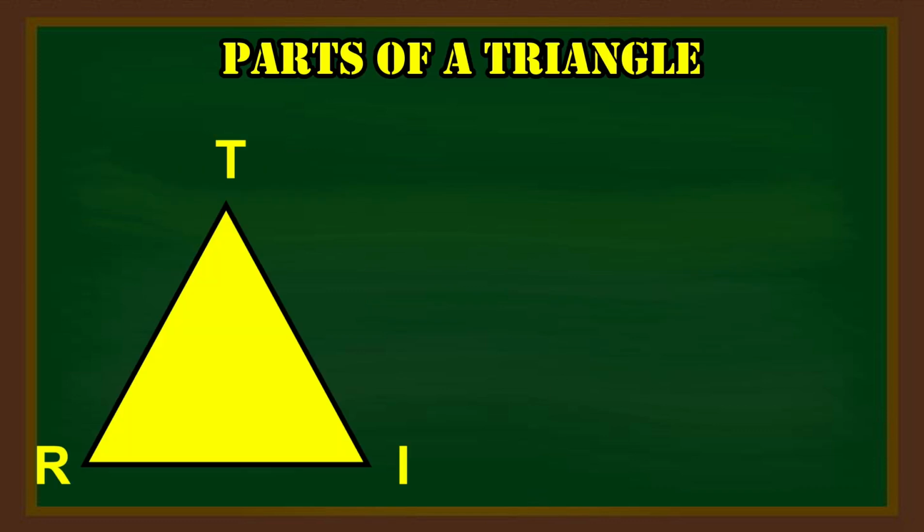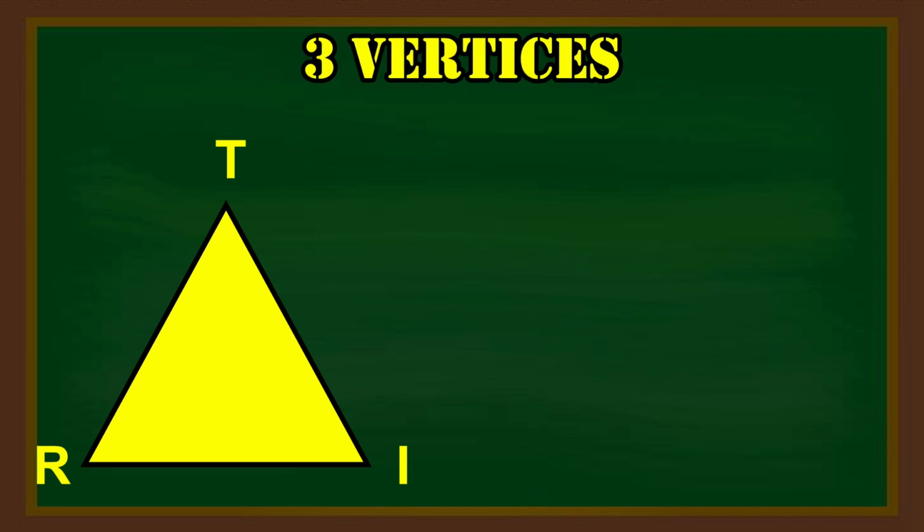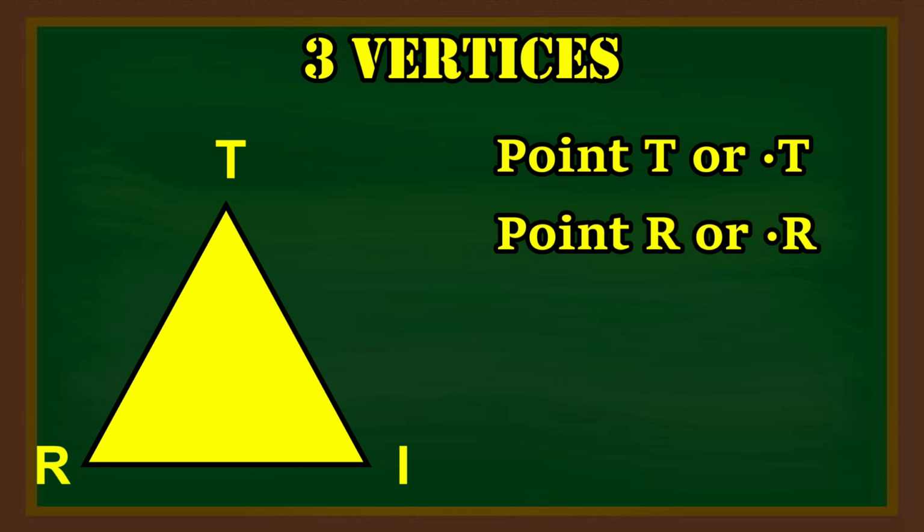But wait, do you still remember the parts of a triangle? Here is a short review. A triangle has three basic parts: sides, vertices, and angles. We have the three vertices: point P, point R, and point I. Vertex is the point of intersection of two sides in a given triangle.